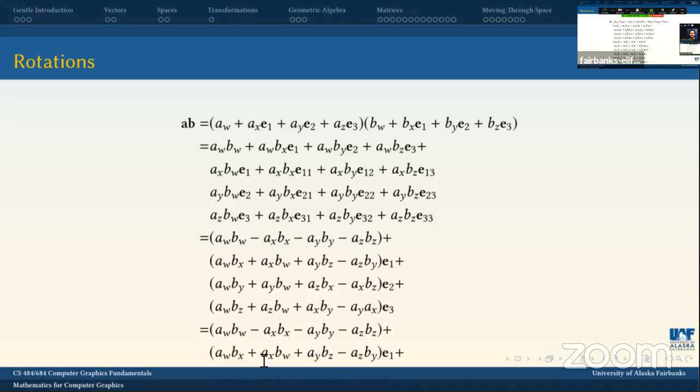When it's all said and done, actually I think it got clipped off the bottom here, the idea is that it combines some of the dot product and some of the cross product. You can kind of see those parts. For the real component, you see AW times BW minus AX BX minus AY BY minus AZ BZ. That's just the dot product of A and B, if you will.